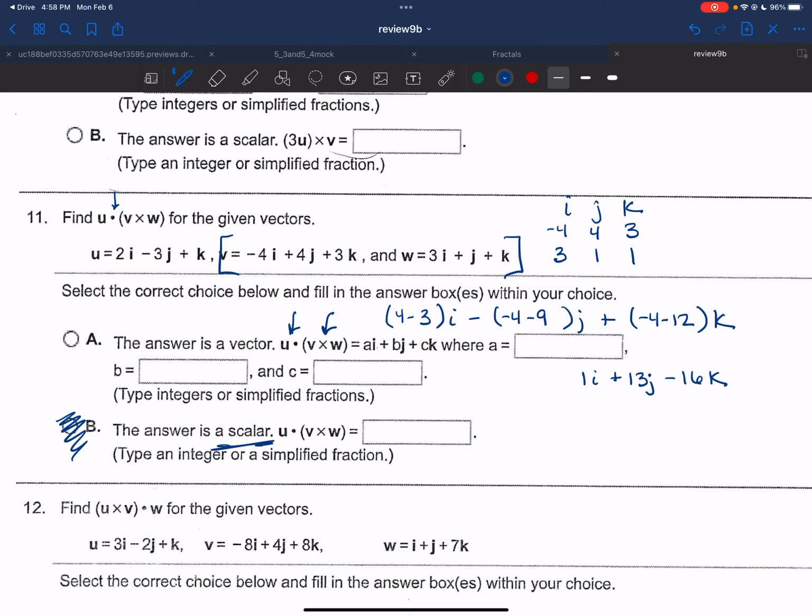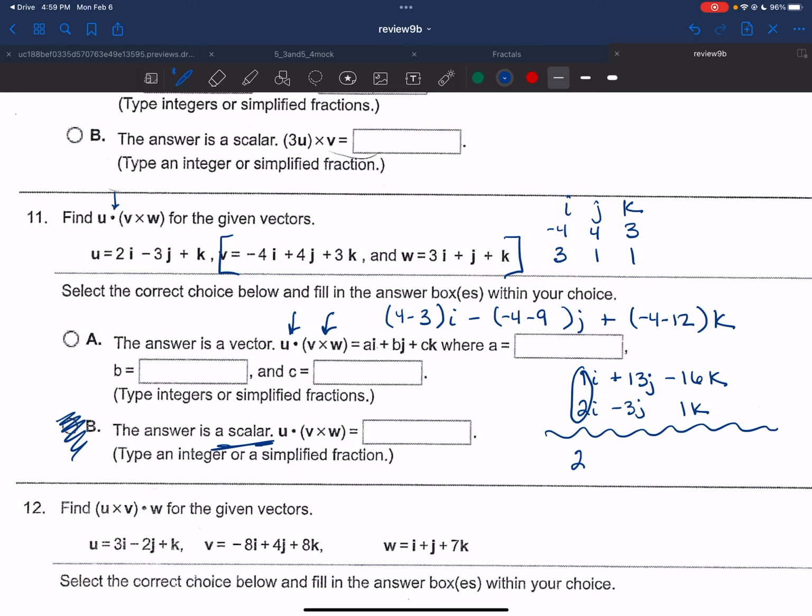And then we're going to take 2i minus 3j and 1k. Now, I'm putting a squiggly line here because we're not adding them, right? We're multiplying. So 1 times 2 gives me 2. 13 times 3 is 39.